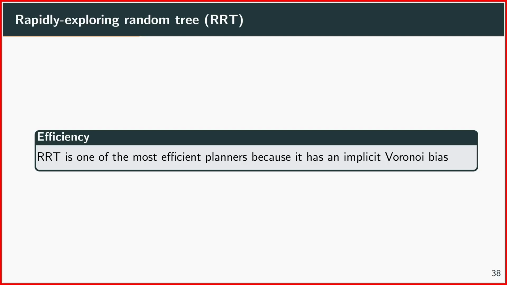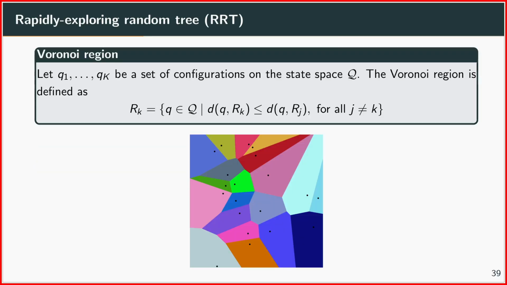And the main reason why this algorithm is actually so efficient is because it has this implicit Voronoi bias. So let me just tell you a little bit about this Voronoi bias. So you might remember what a Voronoi region is. It's basically if you have a set of configurations or points in a space.